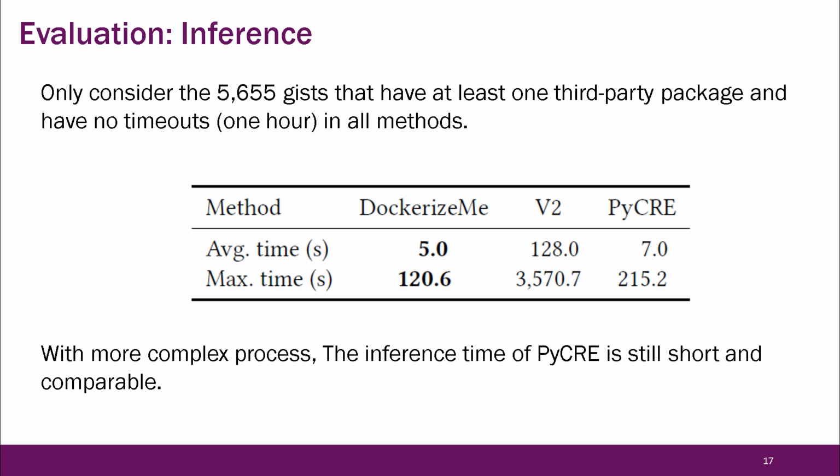We only consider the 5,655 gists that have at least one third-party package and have no timeouts in all methods. The inference time of Docker.me and PyCRE, which fully use pre-built knowledge bases, are short and comparable.